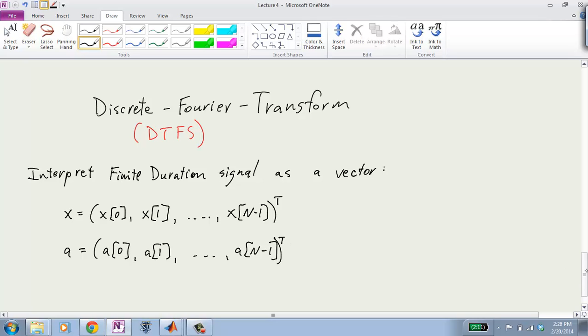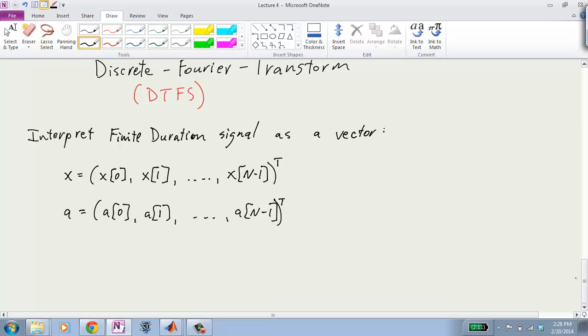So the DFT just produces the vector A equals, let me say, DFT of the vector x.